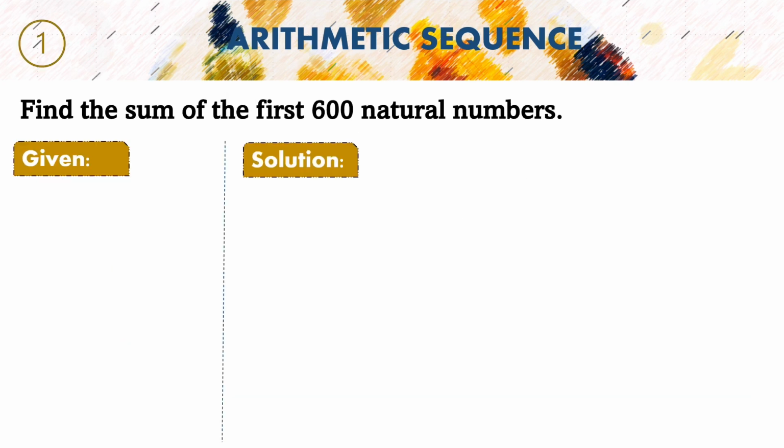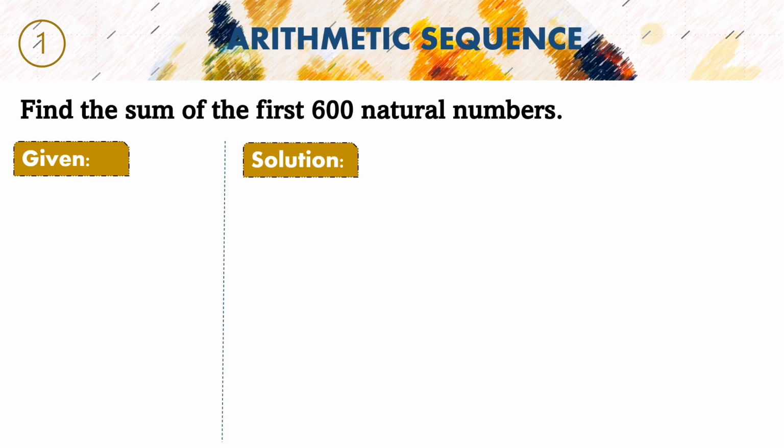Let's have this example 1. Find the sum of the first 600 natural numbers. Before we proceed, what is a natural number or natural numbers? These are whole numbers except 0. Okay, so that's 1, 2, and so on.